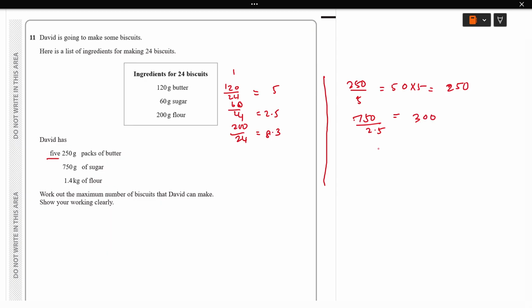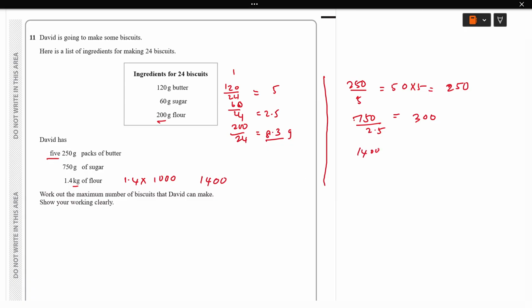Next, with this 1.4 kg of flour, we will change it to grams, because here 8.3 is in grams. 1.4 times 1000 is 1400.